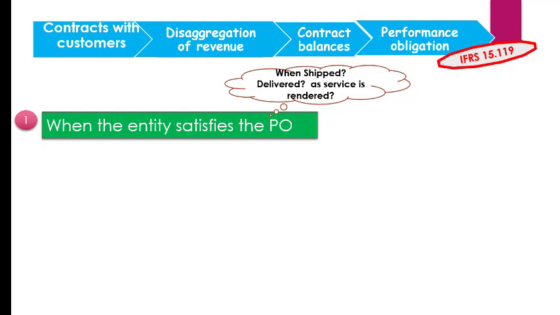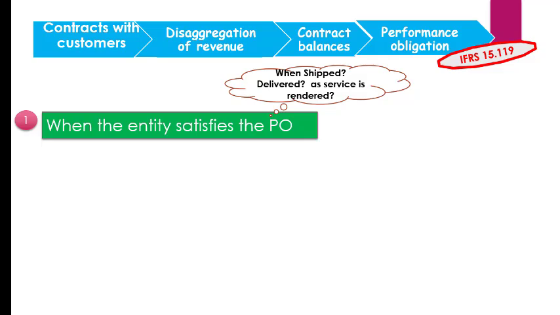Other examples would be, is it upon delivery or as services are rendered, so over time or upon completion of the service. So when is the performance obligation satisfied, including when performance obligations are satisfied in a bill and hold transaction or arrangement.